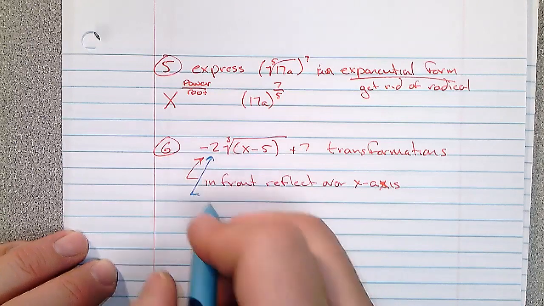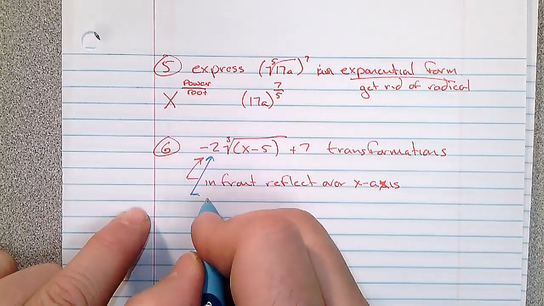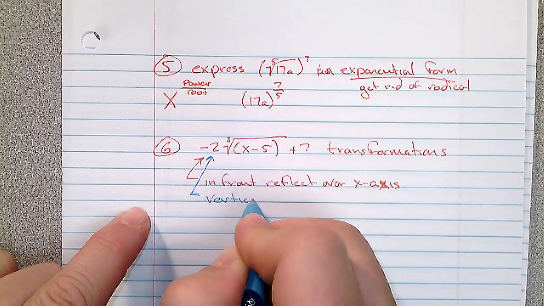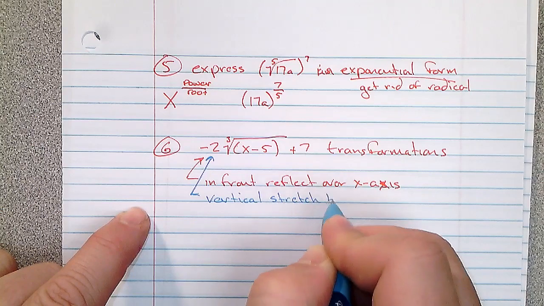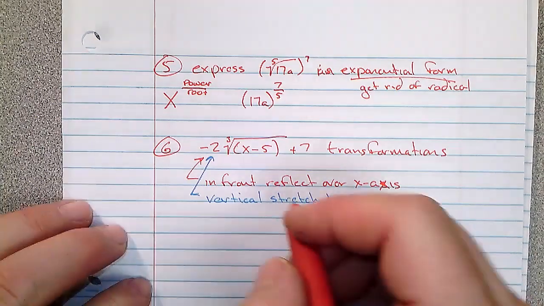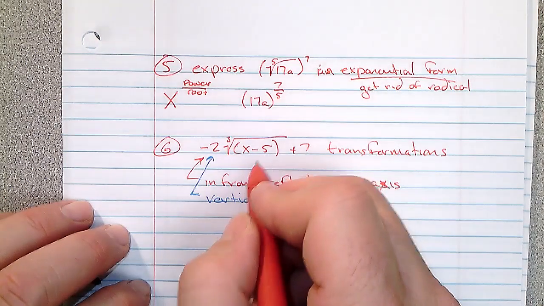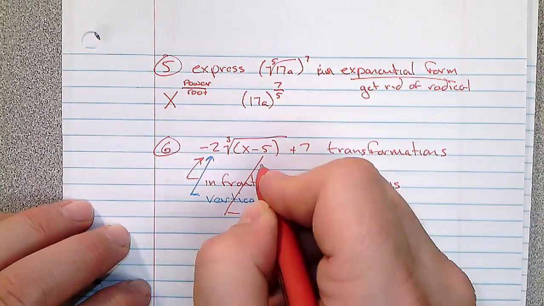The 2 here, out front, it's in the A position. So vertical stretch by 2. Just keep drawing my little arrows. Bing.